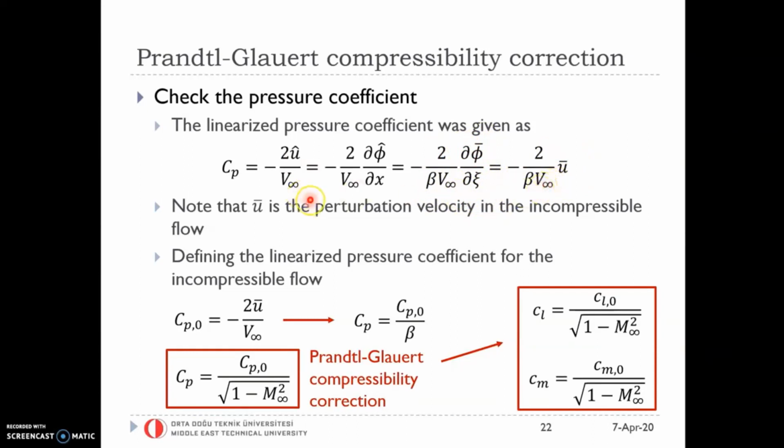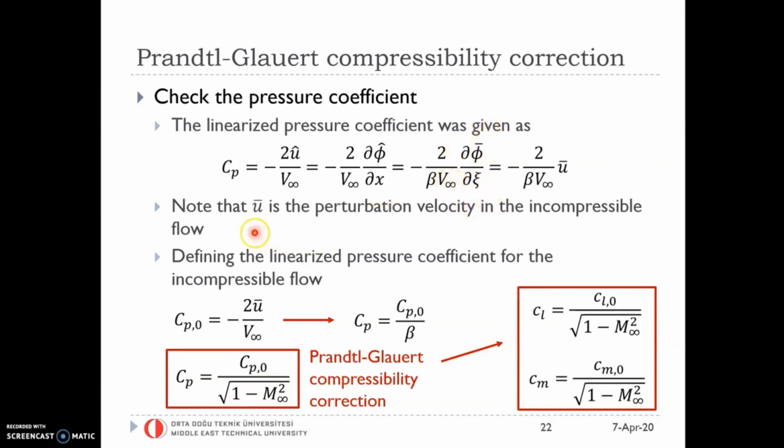Of course, this u bar is the perturbation velocity in the incompressible flow, because that's defined in the transform space as a derivative of the perturbation velocity potential with respect to xi, which corresponds to the horizontal axis in the transform domain.